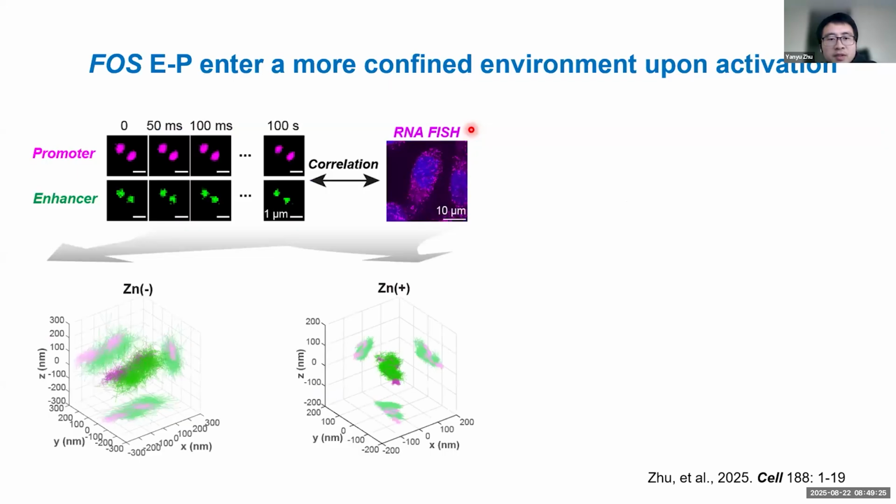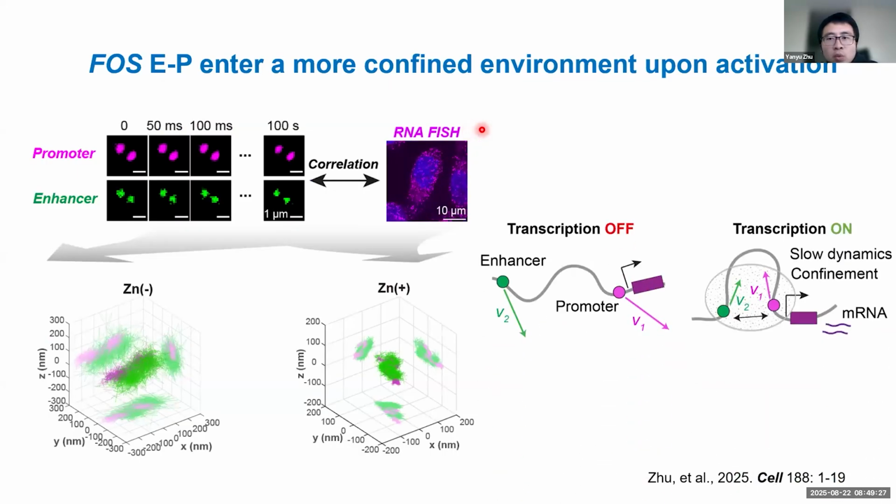So basically, we proposed that when the gene transcription is on, at least for this gene, the enhancer and the promoter will have slower dynamics and will feel more confinement, being in a more confined environment upon activation.